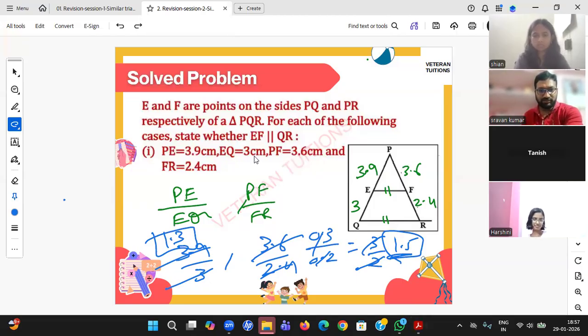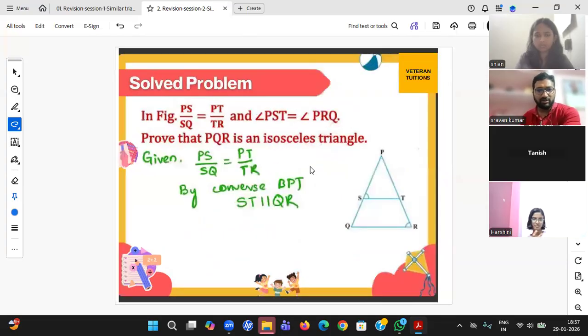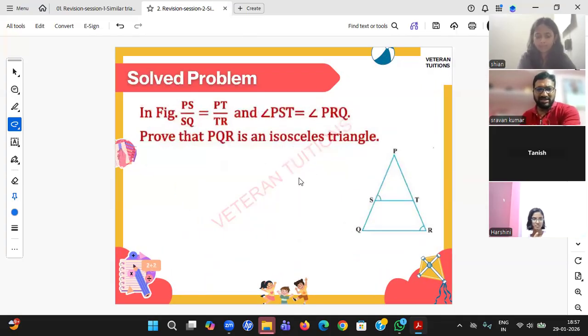Okay, Ruchita, right. Yeah, so there are some standard questions which are very easy also. You see, he has given some ratios. Whenever this ratio is given, you need to think about the converse BPT. And he has given angle PST, this angle equal to this angle.